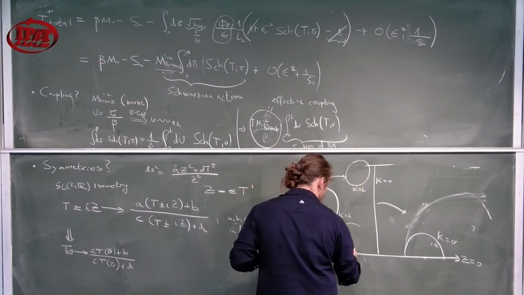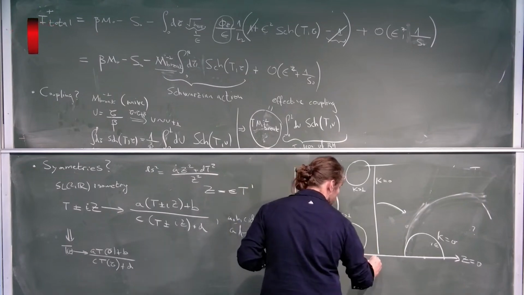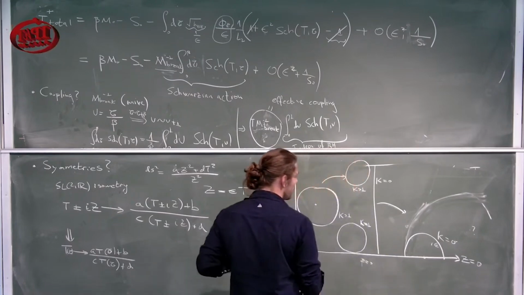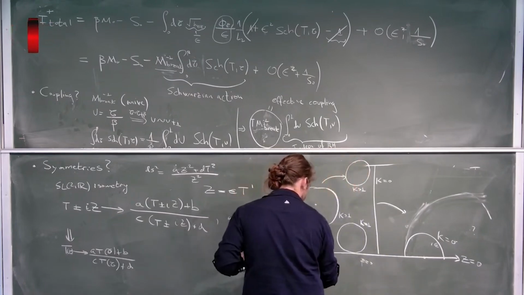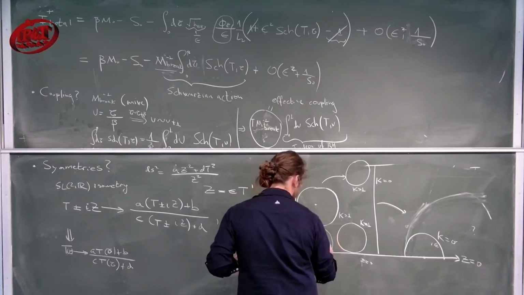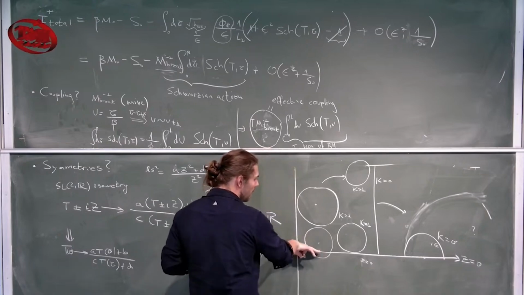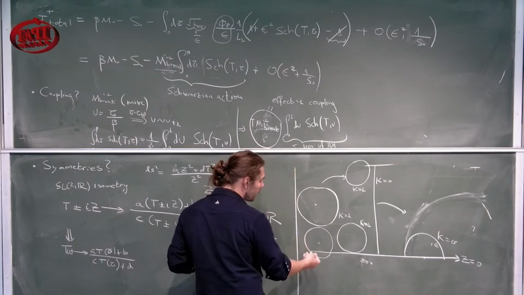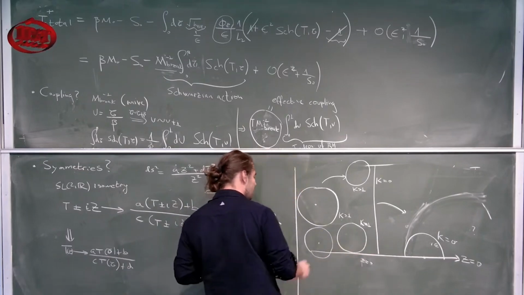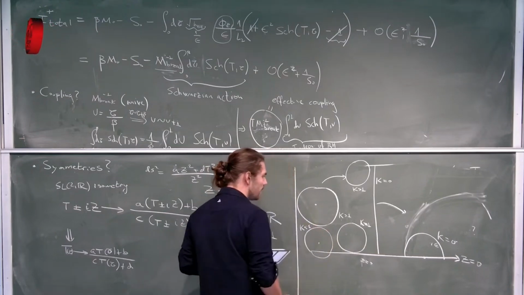Circles that touch the z equals 0 line have k equal 1, and circles in between, which have their center above the z equals 0 line but some part of the circle goes outside of the upper half plane, have k smaller than 1.